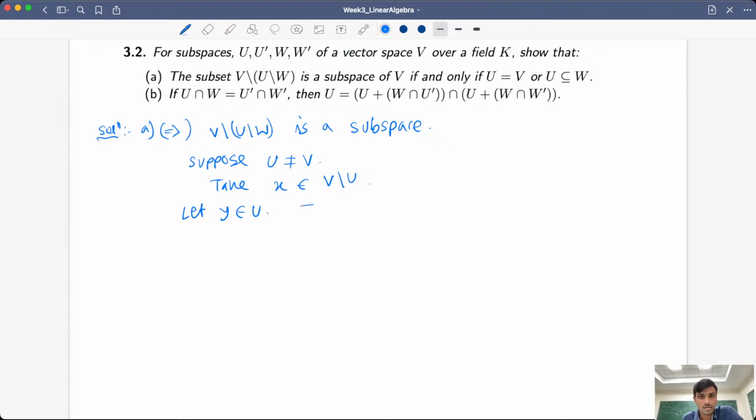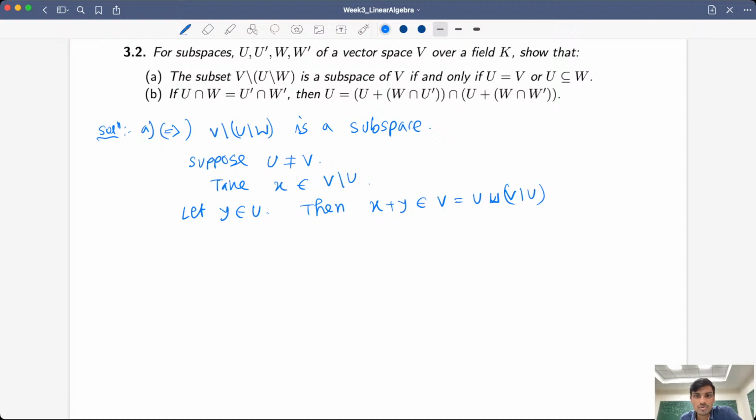So everything is happening in V, so X plus Y must belong to V, and V I can write as the disjoint union of U union V minus U, right? So it either belongs to U or V minus U, but they are disjoint.